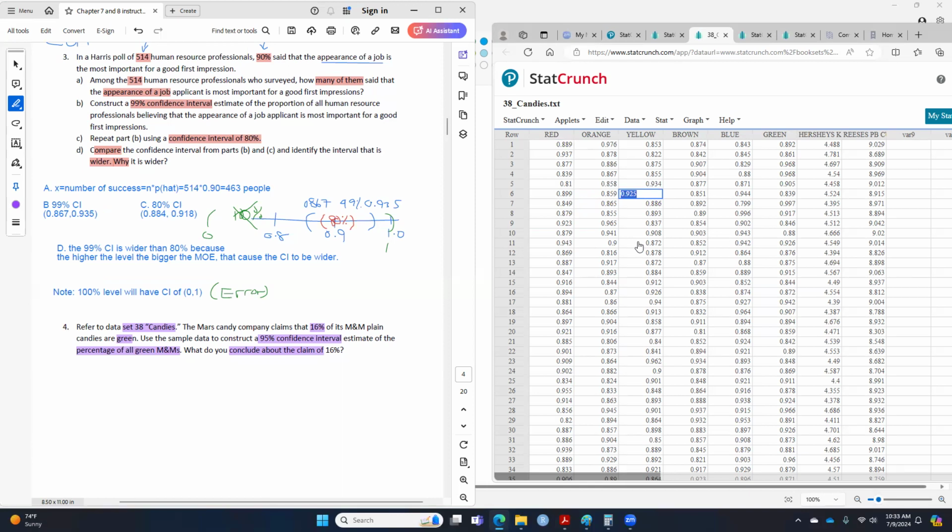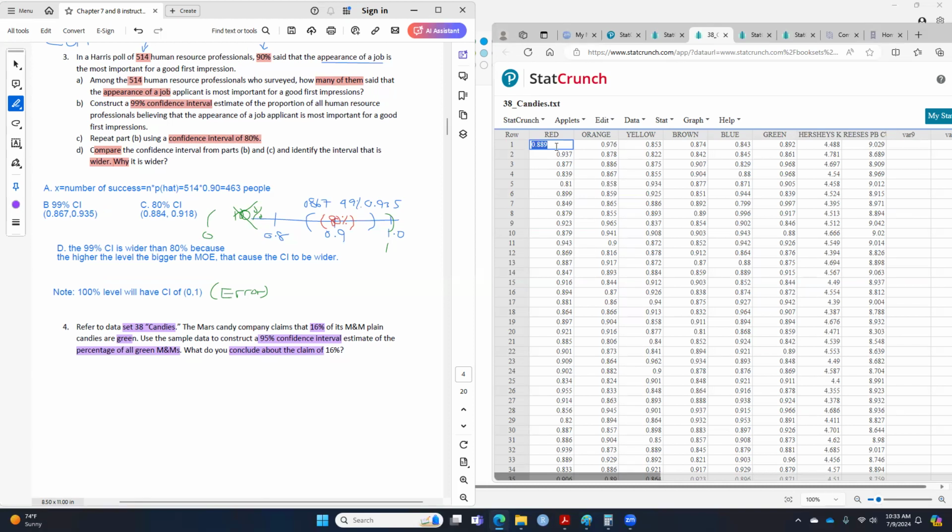So what is going on here is that the author opened a bag of M&Ms and randomly picked candies out. He picked one candy out, and that candy is red, and he put it on the scale to see how heavy this red candy is, and it came out to be 0.889 gram.